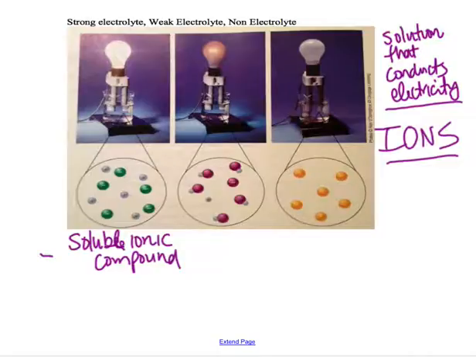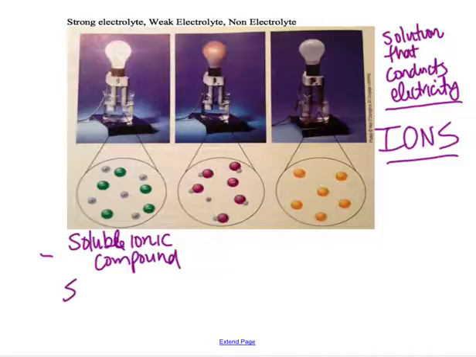What else dissociates or ionizes pretty regularly? There's a group of a couple things that you already know exist. Yeah, hydroxides. But what kind of compounds does that come from? Bases. So what kinds of bases? Strong bases and strong acids, exactly.